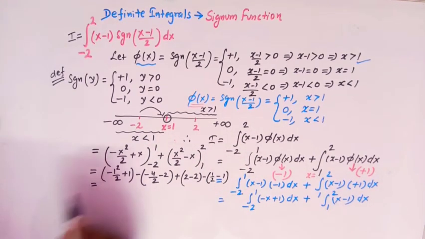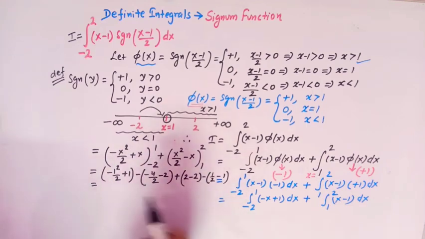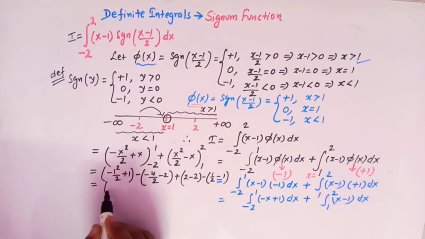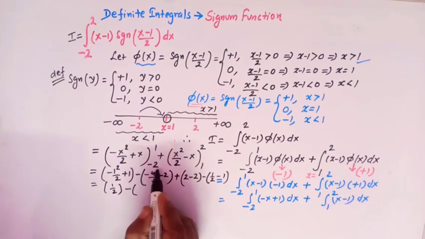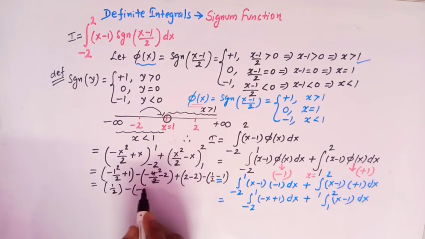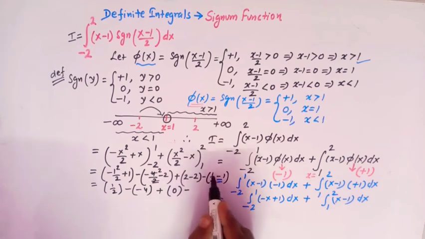Doing the calculations, we have minus half plus 1, that is half, and minus 2 minus 2, that is minus 4, and here 2 minus 2 is 0, and half minus 1 is minus half.